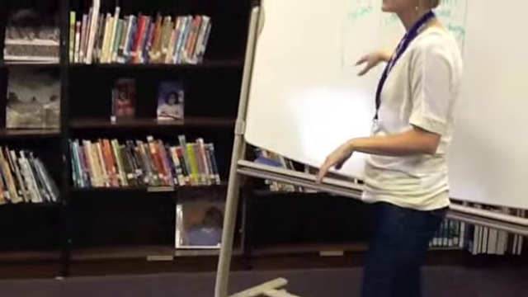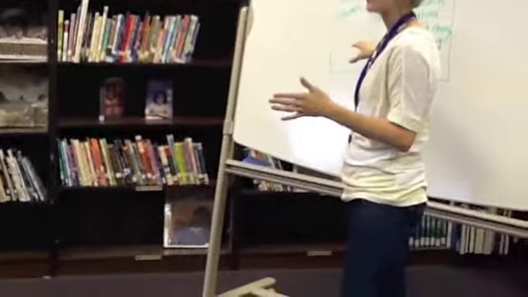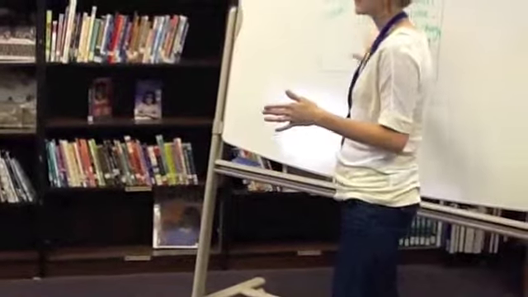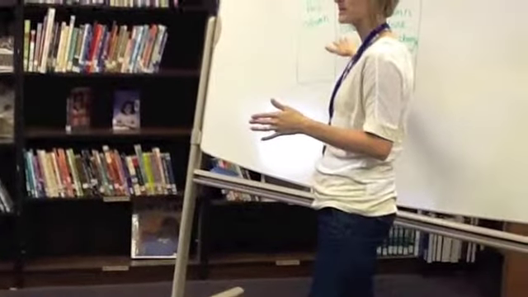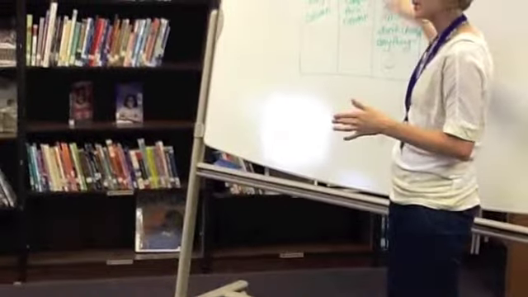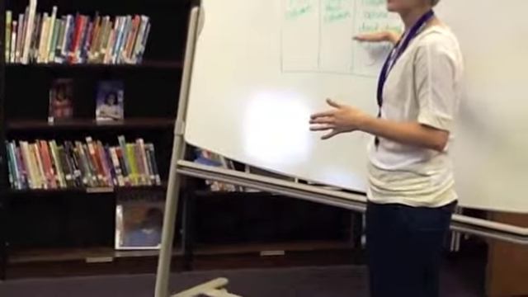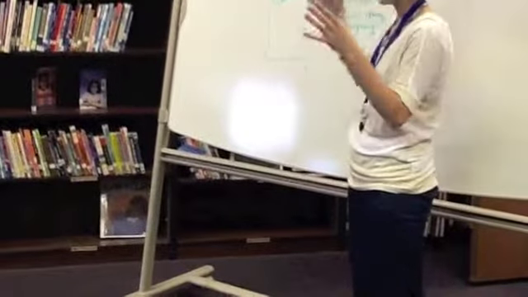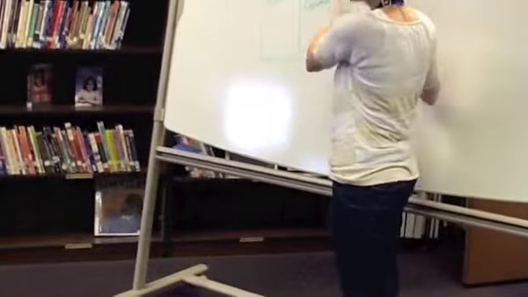You're always going to refer back to this. Okay, this is what I knew at this point before I started my research, and I'm probably going to include some of this information in my paper that I already know. But these questions right here, this is what you probably don't know yet, and this is what you are going to be researching. So your end result is going to be a combination of this and this.